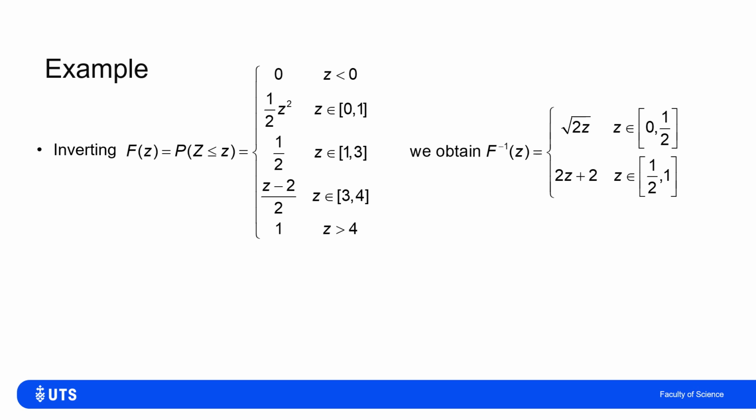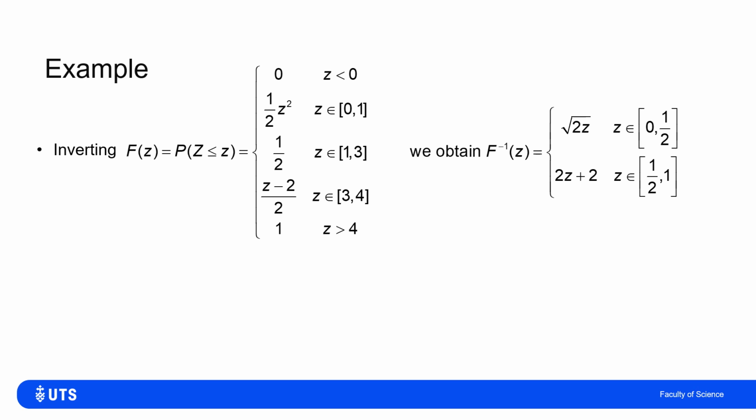And in the latter half, if I pick a point that's in the rectangle at the end, then the inverse of subtracting 2 then halving is doubling then adding 2, so I get 2z plus 2.